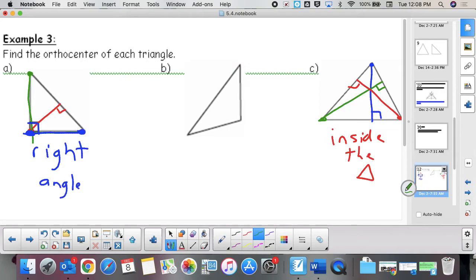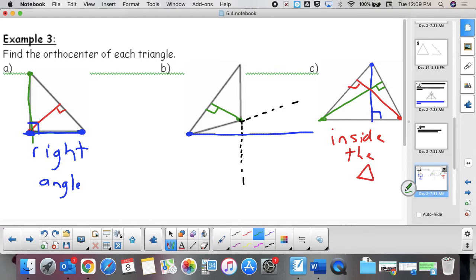Now, the hard one to draw is your obtuse triangle. You can do the one inside, vertex perpendicular to the other side. But to do the other ones, you need to extend your sides out. So I need to extend this side down. I'm going to need to extend this side over to draw my altitudes in. So from this vertex perpendicular to the other side, looks like that.